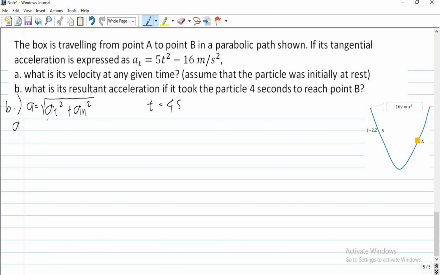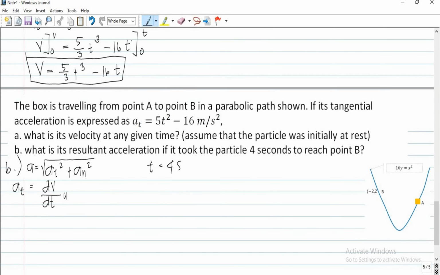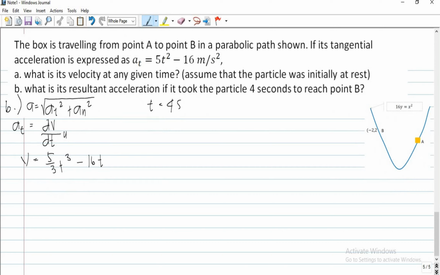Also, first, for the tangential acceleration, that is equal to the derivative of v with respect to t. So, kunin ko lang yung derivative ng velocity. Kanina, na-solve natin that velocity at any time is equal to 5 over 3 t cubed minus 16t. Ito ngayon yung gagamitin ko para makuha ko si tangential acceleration. So, what is the derivative of 5 over 3 t cubed minus 16t?